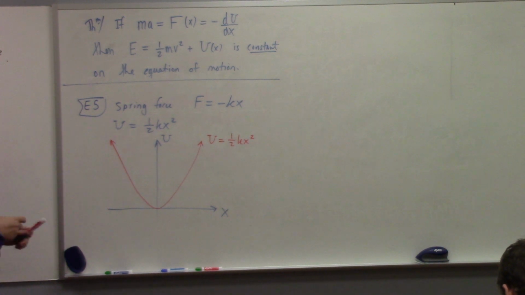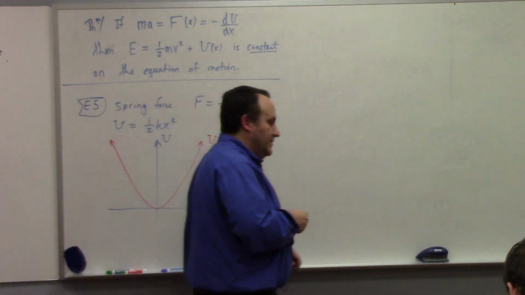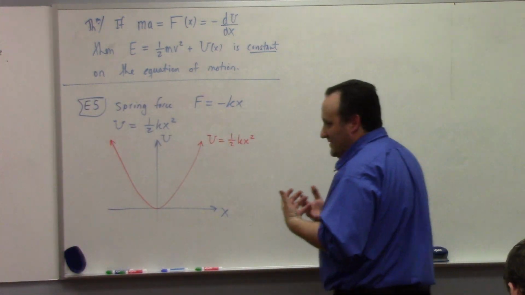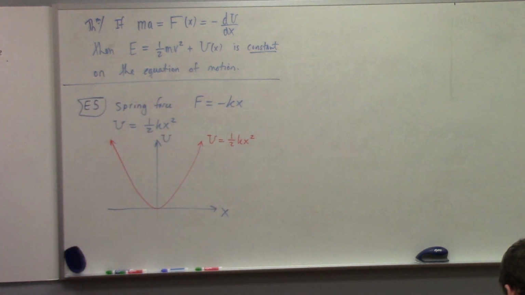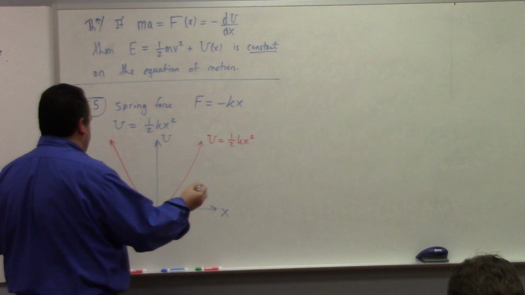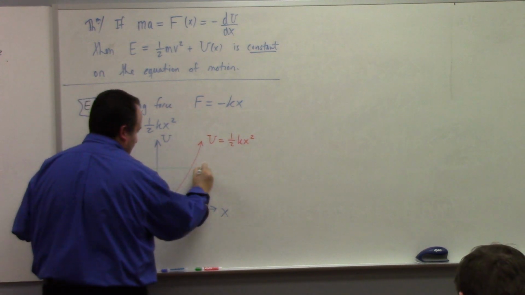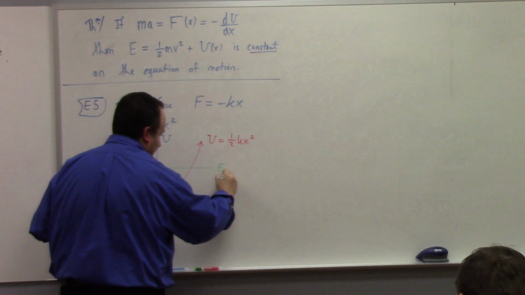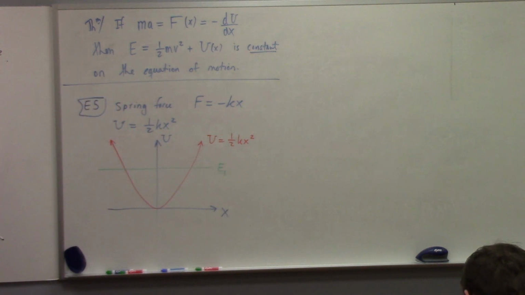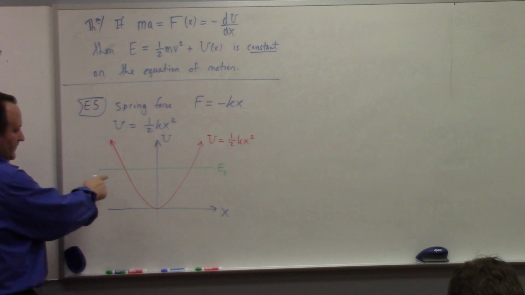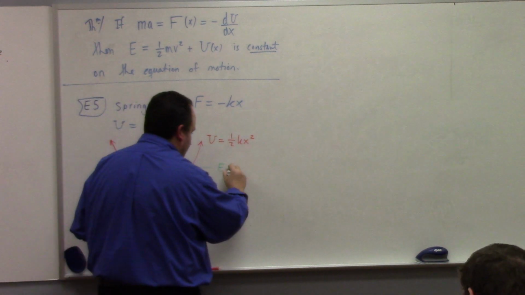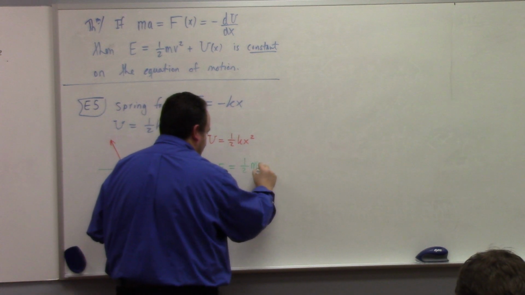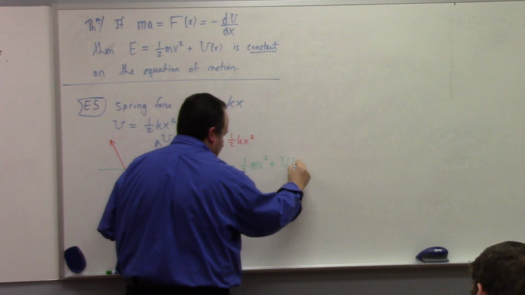So now let me draw some different energy levels and talk about physically what's possible. Because the energy is constant for a motion, if this was the energy, let's say E1, where is the motion of the spring going to be? Think about this. E1 is equal to 1/2 mv squared plus the potential energy as a function of x.